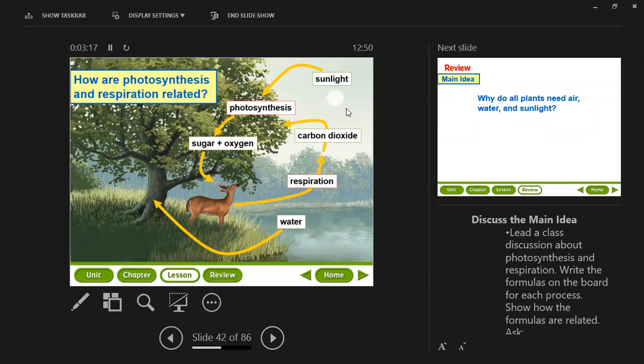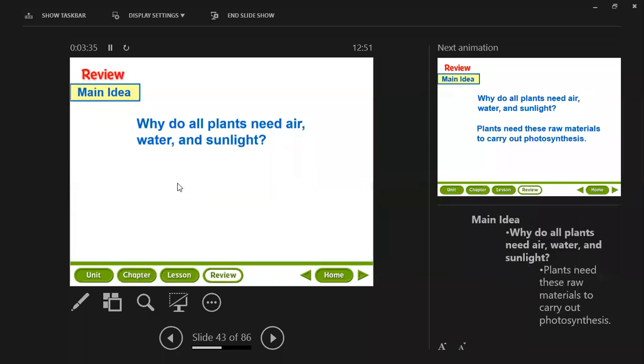Now, plants also do cellular respiration. Plants take in oxygen through their stomata and break down sugars for energy.